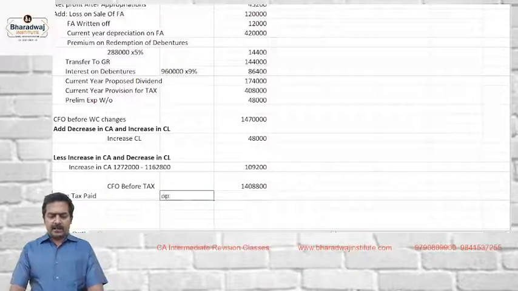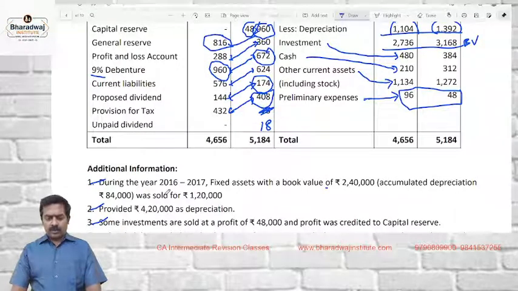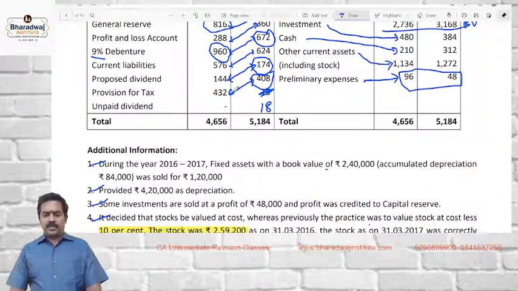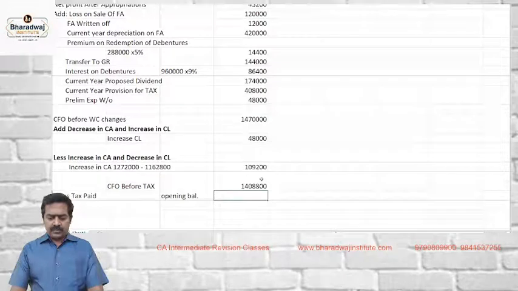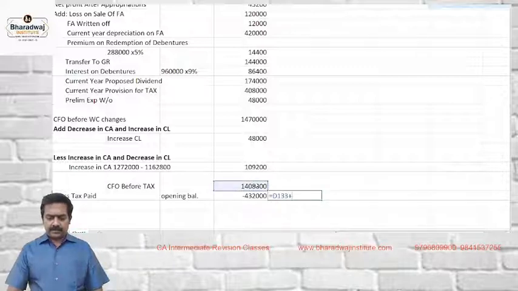Tax paid, opening balance will be taken as paid. Any unpaid tax given in the problem? No unpaid tax. So what is opening provision for tax? 4,32,000. This will give us CFO after tax.